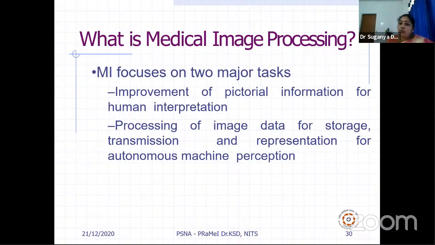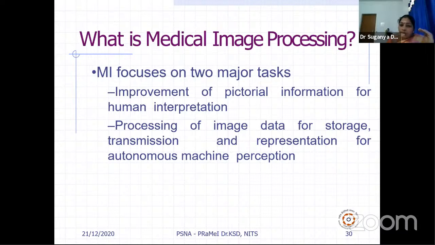So MI focuses on two major tasks. Whatever research we are doing in medical imaging, it falls in one of two categories. One is improving the pictorial information for human interpretation, for example enhancement or segmentation.